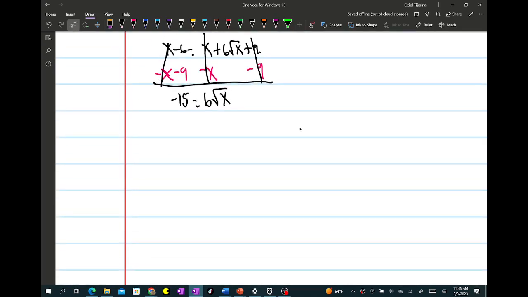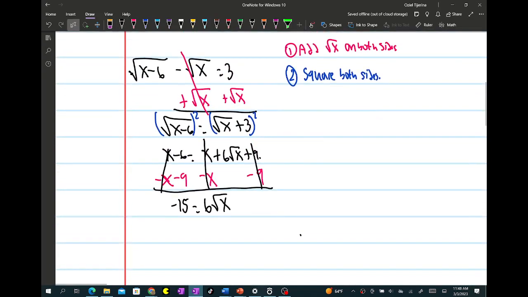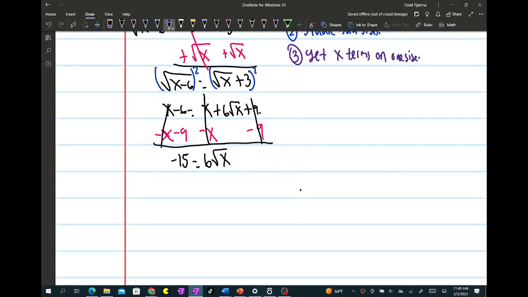So I guess you could say number 3 was to get the x terms on one side. We kind of did that here already, right? So this was basically what I did, where it was minus x minus 9 on both sides.